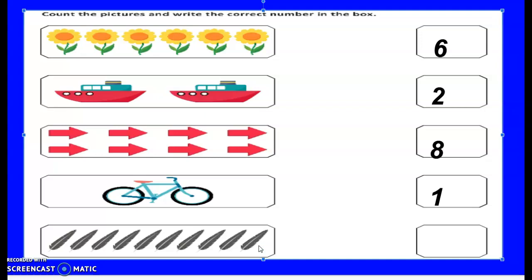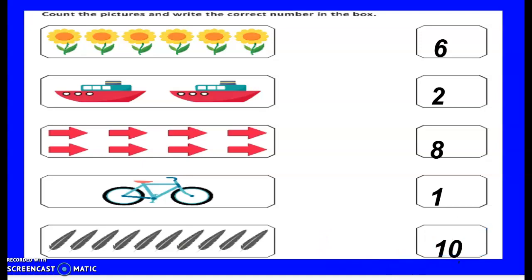So again we will do it, for rechecking. 1, 2, 3, 4, 7, 8, 9, 10. So how many feathers are there? 10. So what will we write? We will write 1, 0, 10.